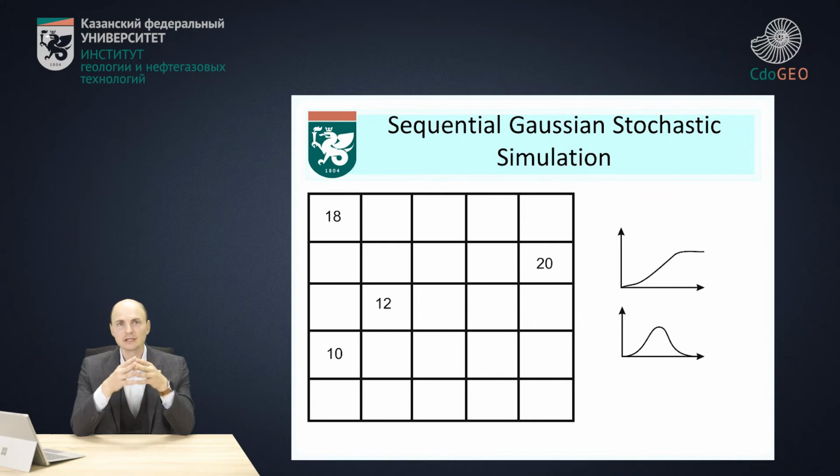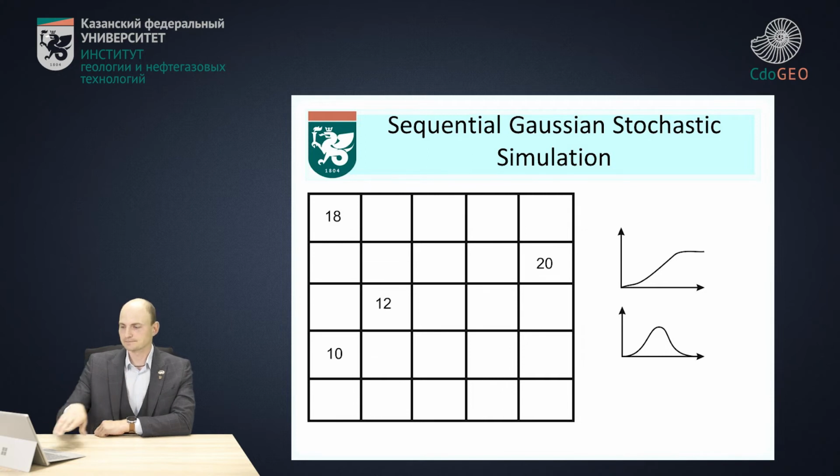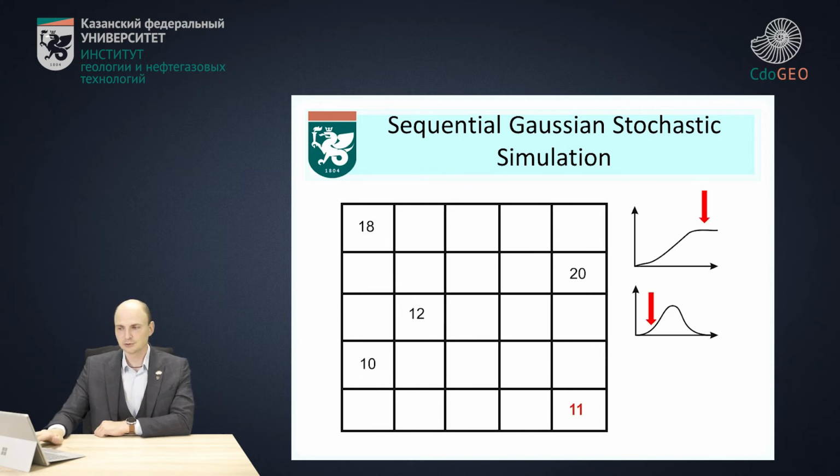Let's look at an example of how it works. First of all, we need to have the set of variogram parameters, so we need to know the variogram range. In addition to that, we need to have the distribution, so the values between the minimum and the maximum. And in our case, it should be Gaussian distribution, or the normal distribution. Once we run the process, it randomly chooses a certain point in our dataset.